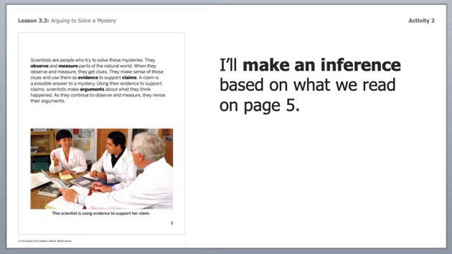We read on page 5 that they revise their arguments. Revise is another word for change and fix, kind of like a draft. I know that the purpose of an argument is to convince others that a claim is the best using evidence, and an inference I can make is that scientists often revise their arguments to make them more convincing. That means they change them all the time, especially when they get new evidence. They have to change their argument or change their claim.